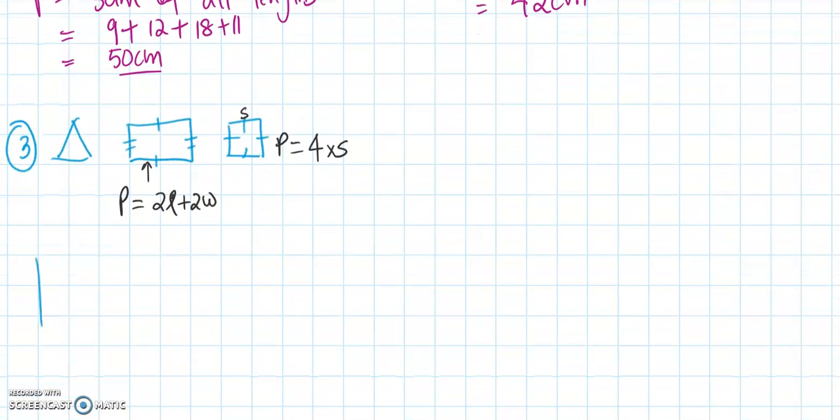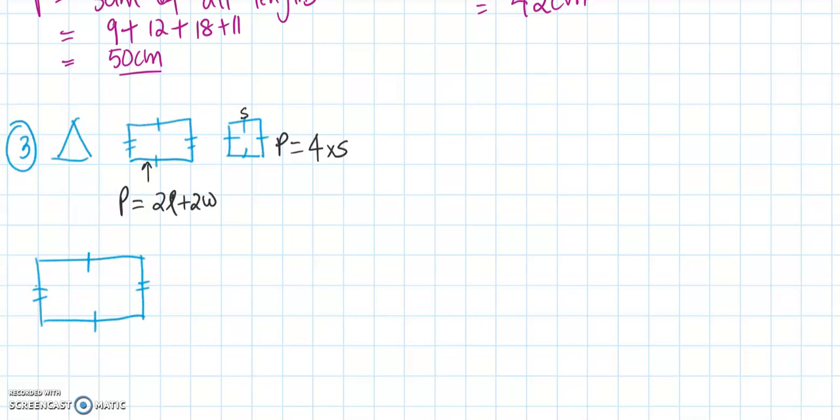So I'm just going to draw an example of a rectangle. As we know, these two lines and these two lines mean that these two opposite sides are of the same length.